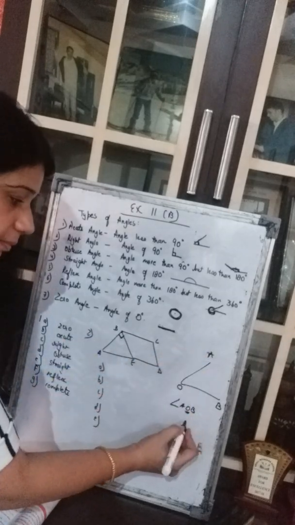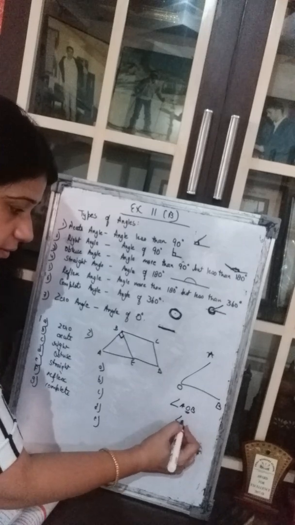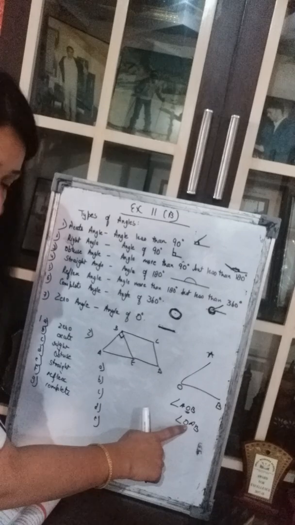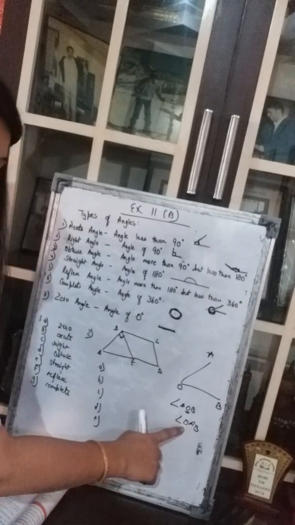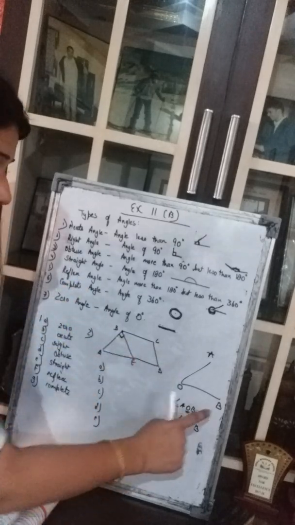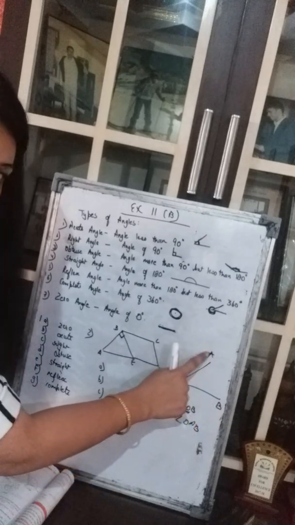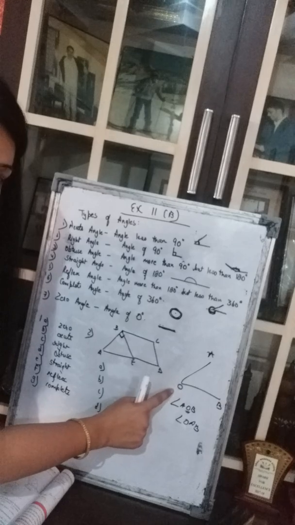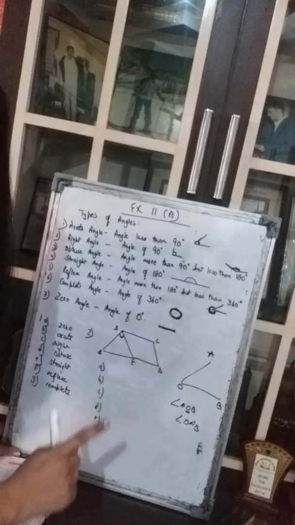It will not be mentioned as angle OAB. You are saying, ma'am, we are mentioning the angle at O, that means it will start with O. No. Wherever there is an angle, that particular alphabet will come in the center. You can write it BOA also or AOB also. But this O where the angle is getting made will always come in the center.